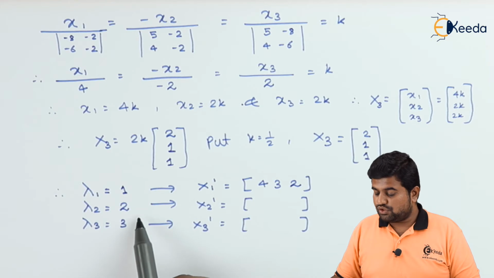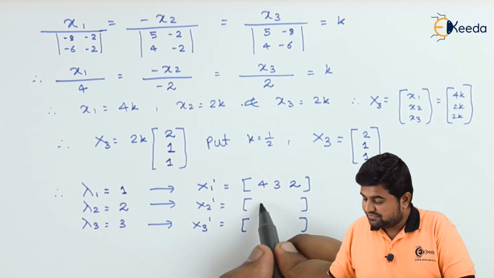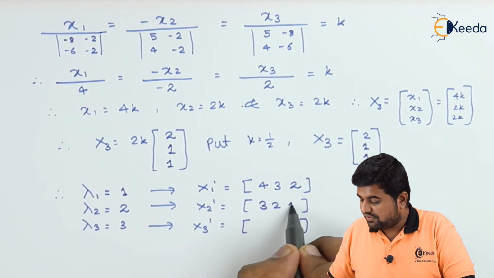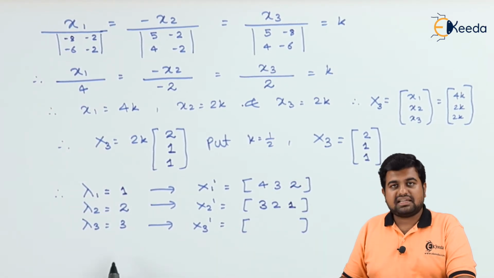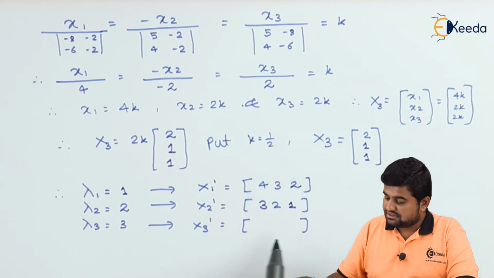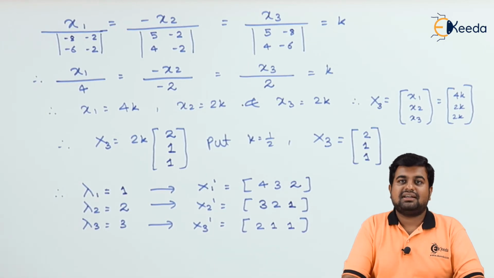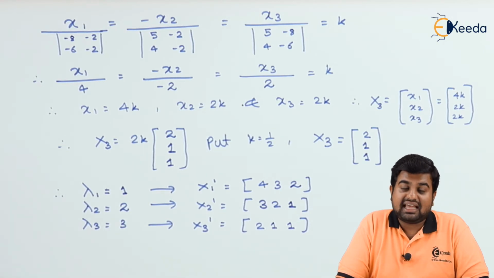For lambda is equal to 2, x2 dash, which is the second eigenvector, which is 3, 2 and 1, and lambda is equal to 3, which is the third eigenvector, which is 2, 1, 1. And hence we have calculated 3 eigenvalues and 3 eigenvectors for square matrix of order 3 by 3.